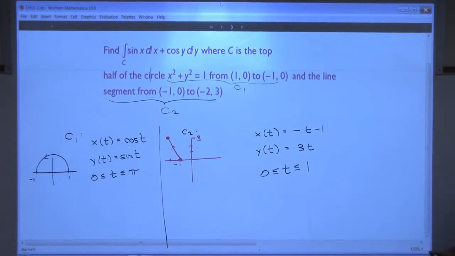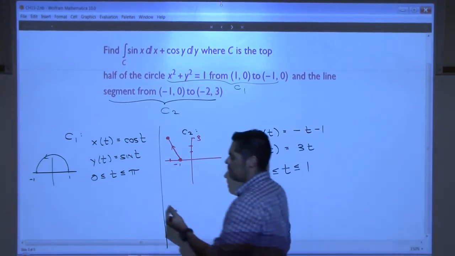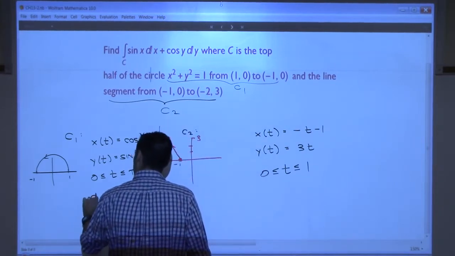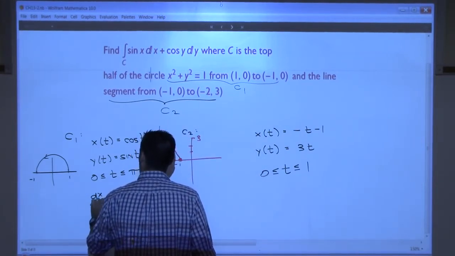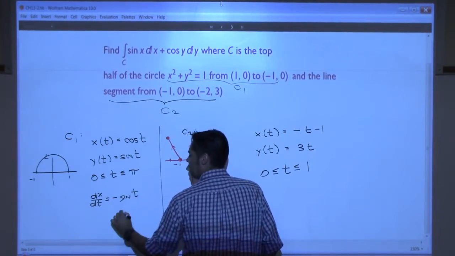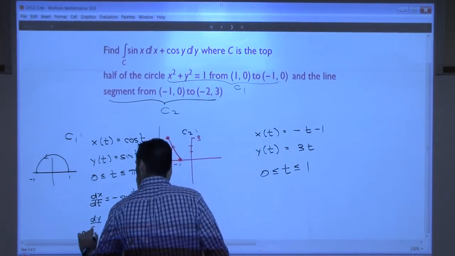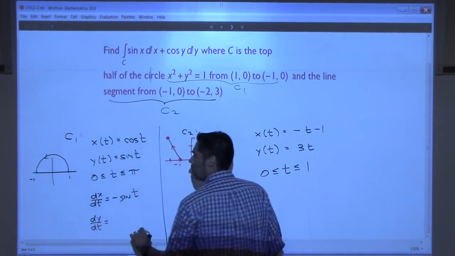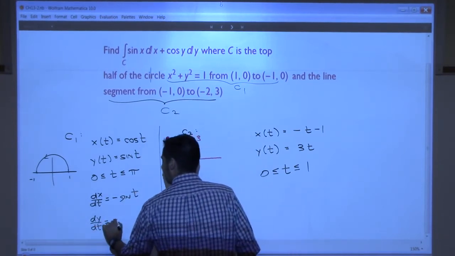Okay, so we'll need some derivatives here, right? We're going to be doing dx dt with negative sine t, dy dt on this one, cosine t.